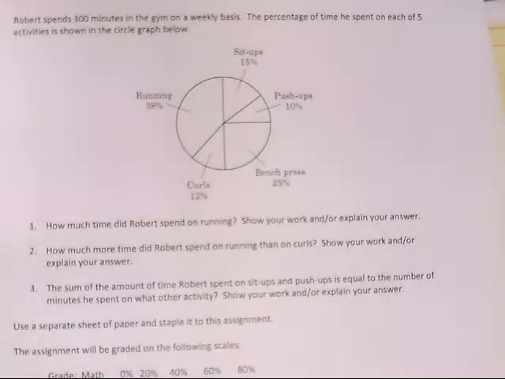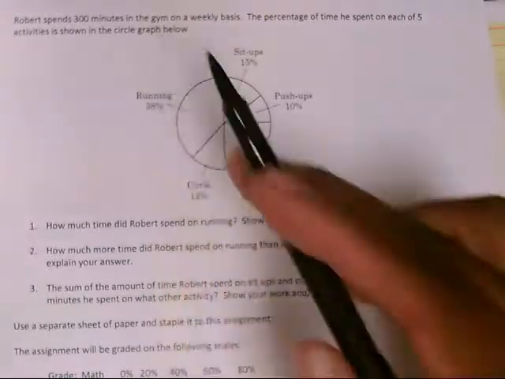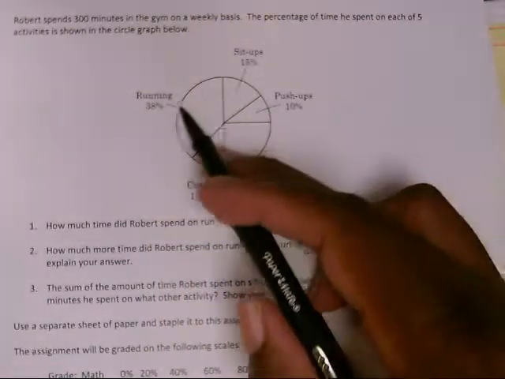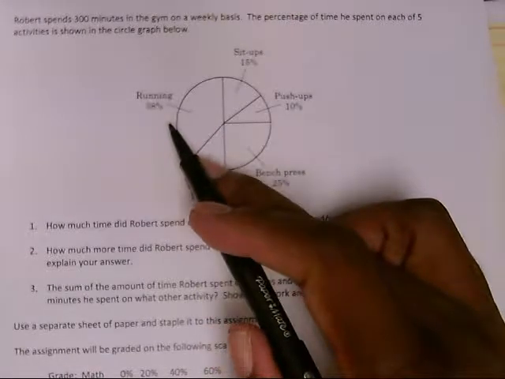And here there are 3 questions. Number 1, how much time did Robert spend on running? Okay. He spends 300 minutes in the gym. Now, based on this circle graph, he spends 38% of his time on running.